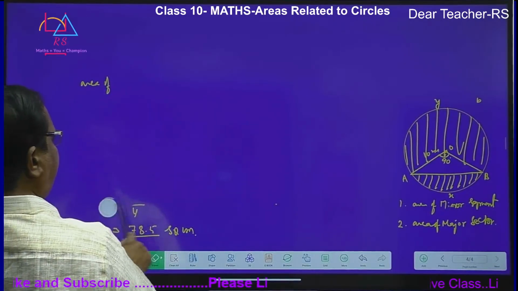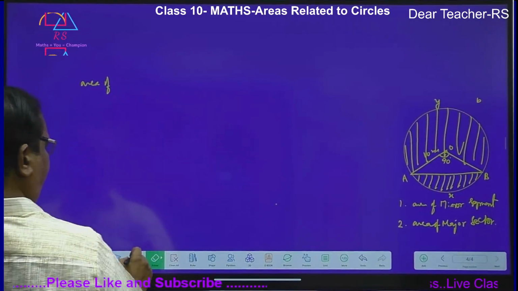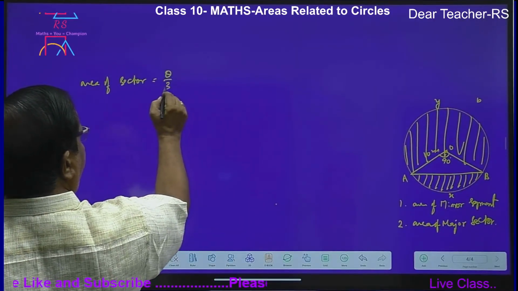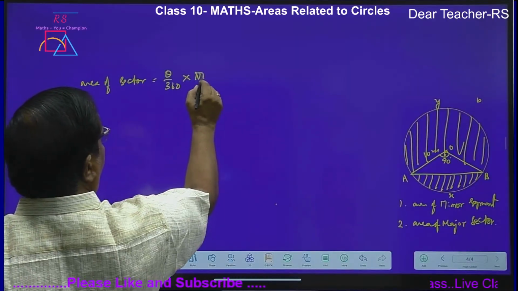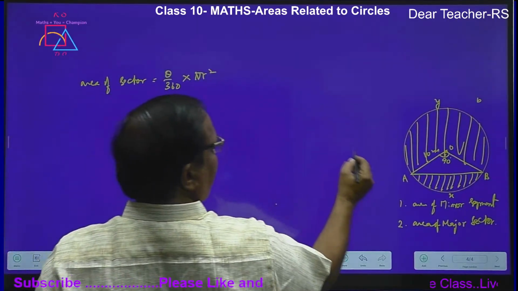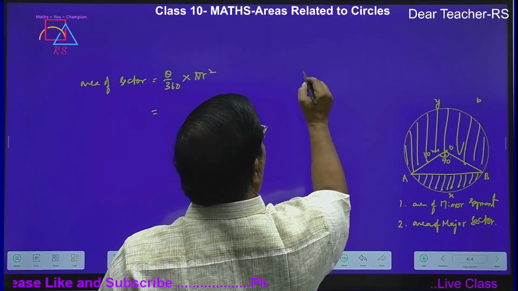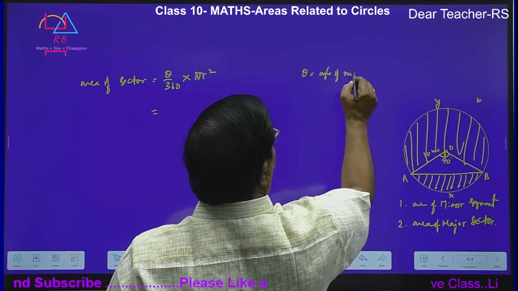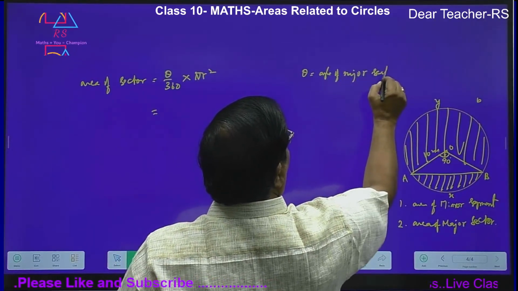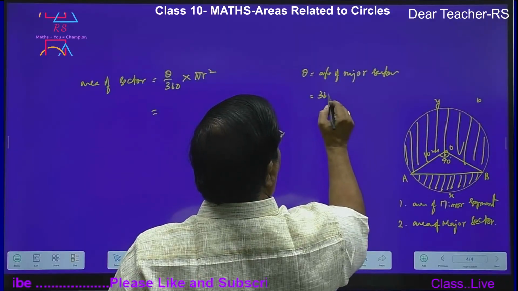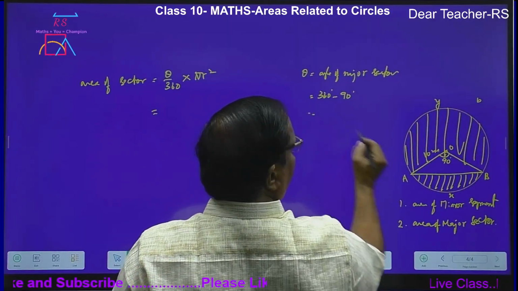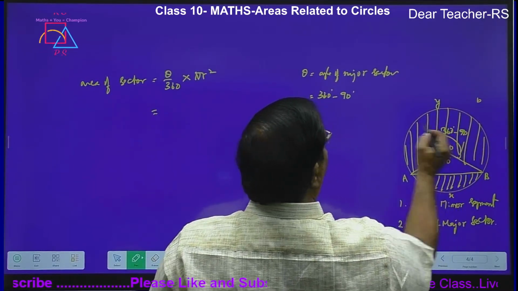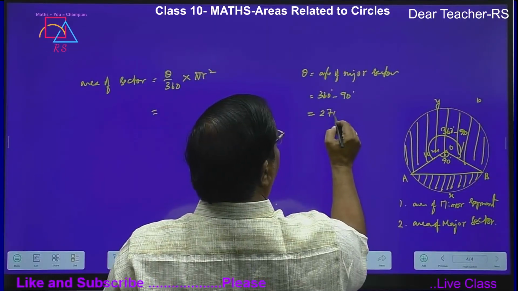Area of major sector is very simple, direct formula. Area of major sector is equal to theta by 360, the formula is same, into pi r square. So now this theta is nothing but the angle of major sector, which is equal to 360 degrees minus 90 degrees. This is already 90, this is 360 minus 90. So it is equal to 270.